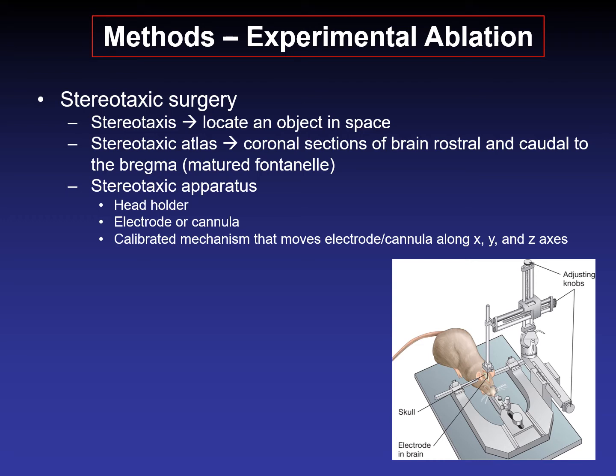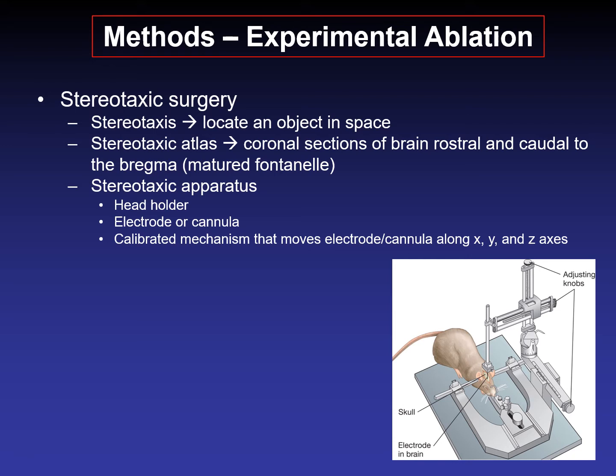And you basically just measure so many millimeters from the bregma as indicated by that stereotaxic atlas. So as I said, the stereotaxic apparatus holds the head in place. You get an electrode or a cannula. So it's an electrode if you're trying to do single cell recordings and put the electrode into a specific brain region, or you're using a cannula if you're going to create lesions.